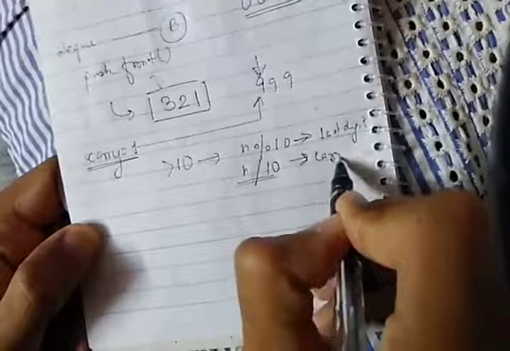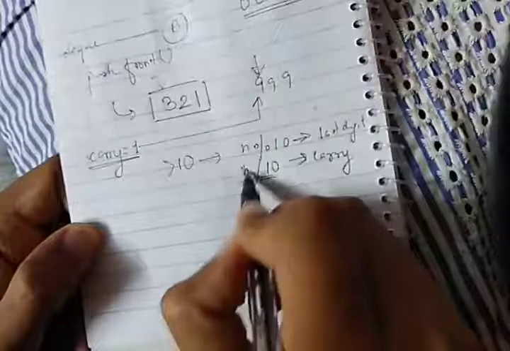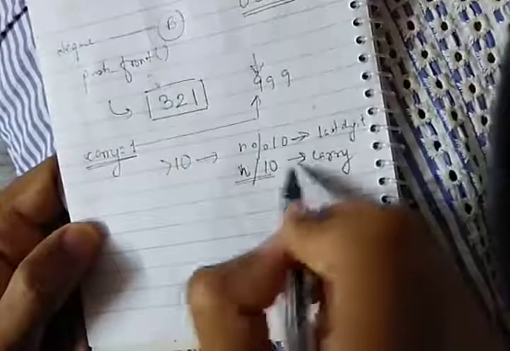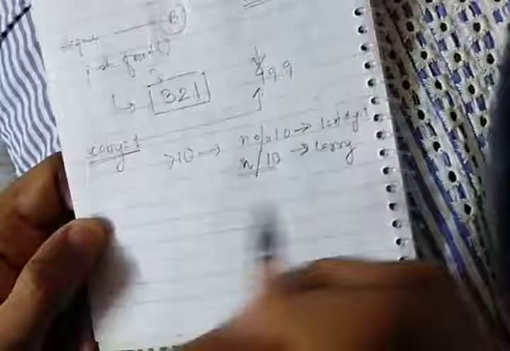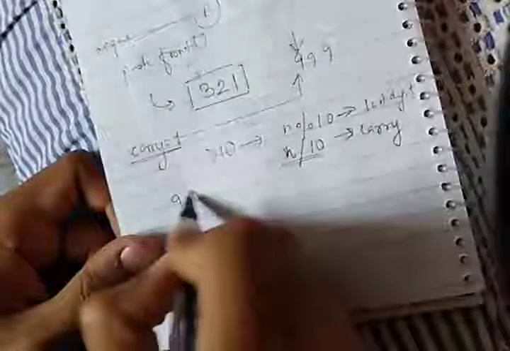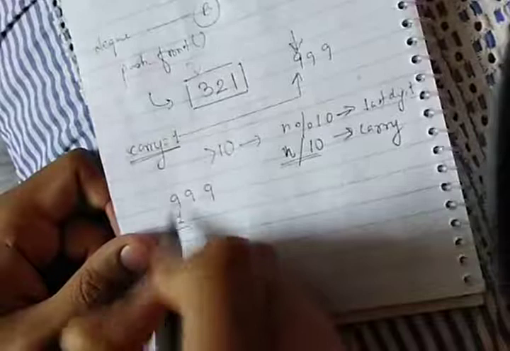So we'll update the carry with n by 10, because this carry has to carry on to the next number. For example, if this thing is 999, I'll add 1, this will become 10.